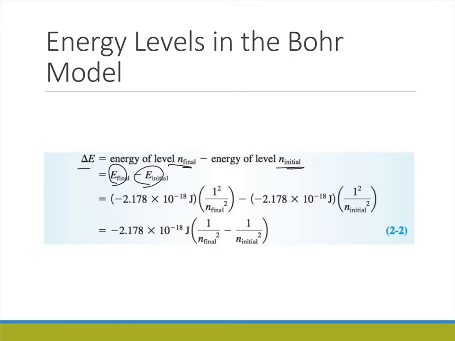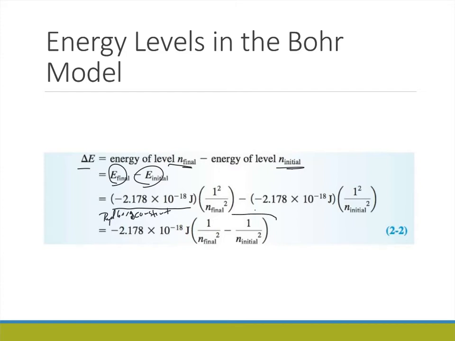So energy final minus energy initial. Now this equals negative 2.178 times 10 to the minus 18th joules. This is a constant. Okay, this is actually known as the Rydberg constant, R-Y-D-B-E-R-G, times 1 squared over n final squared minus the Rydberg constant times 1 squared over n initial squared.